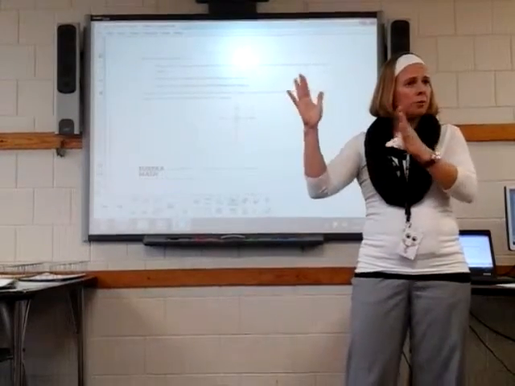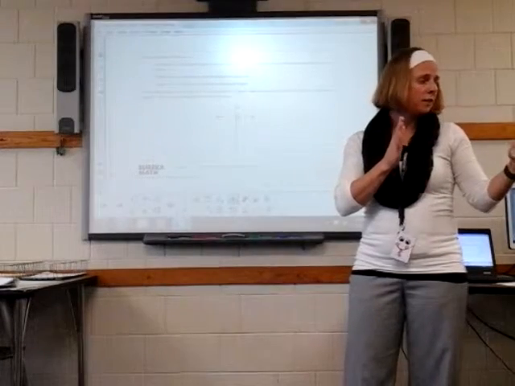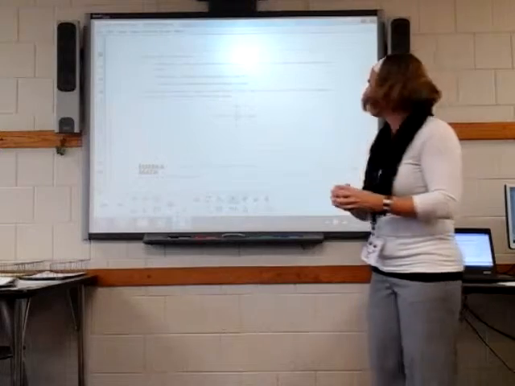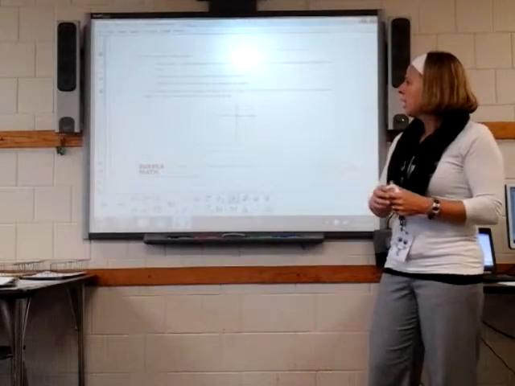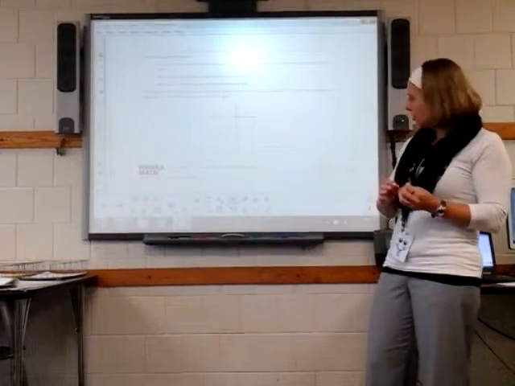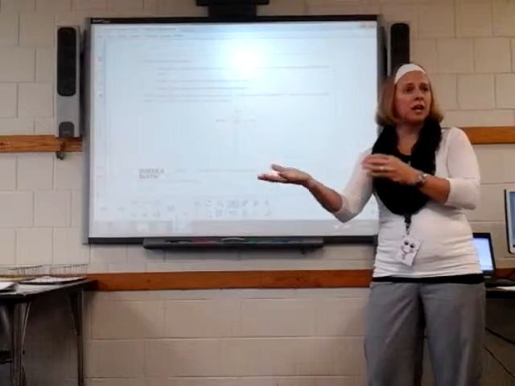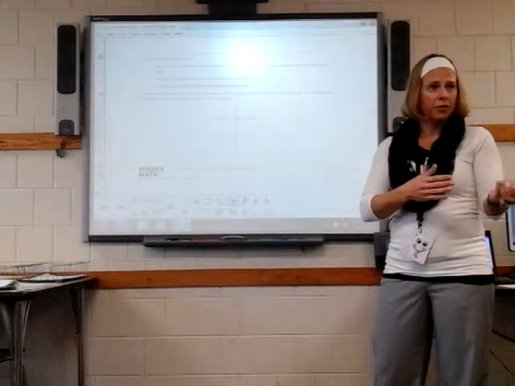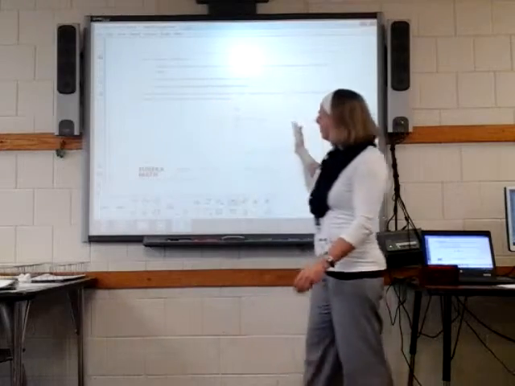So if you reflect a 5-inch line segment, you're going to get a 5-inch line segment, okay? And then that brings up reflection idea number 3. Reflection preserves the measure of an angle. If I reflect a 35-degree angle, I get a 35-degree angle.